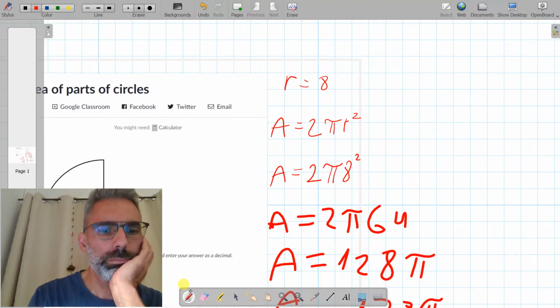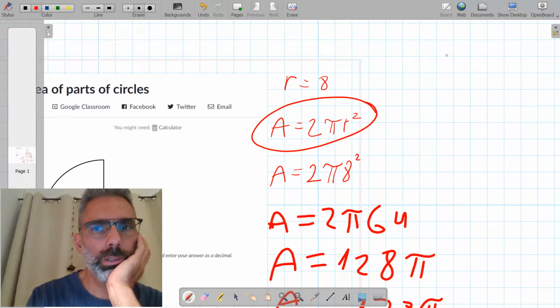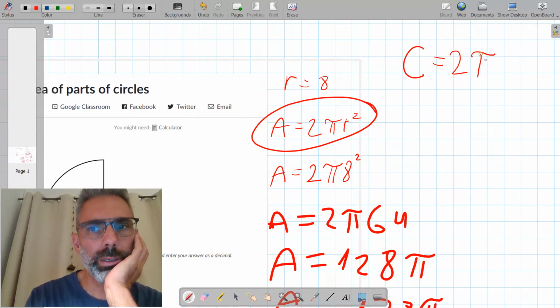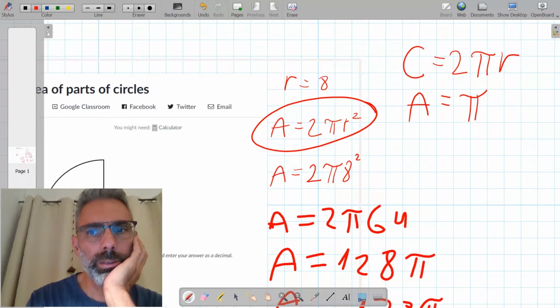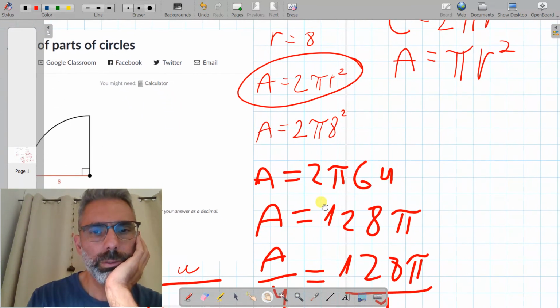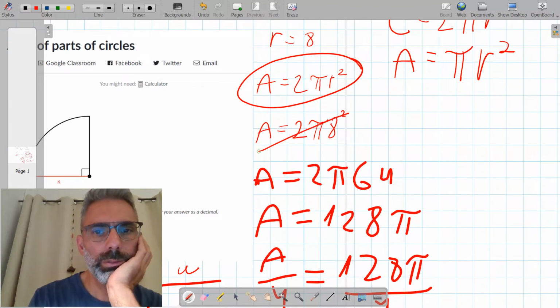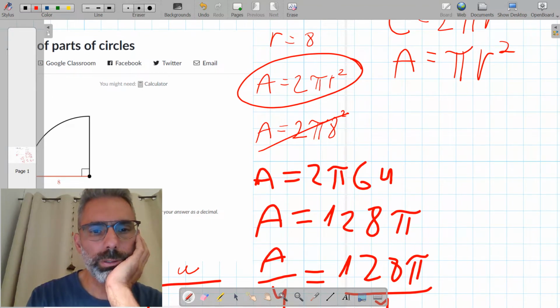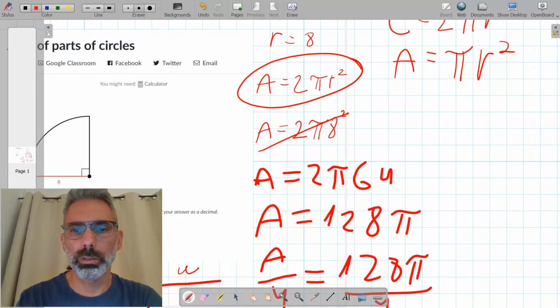Okay, so I mixed up the formula for circumference and area. So circumference is 2 pi r and area is pi r squared. Okay, so this is wrong and all the calculations beneath it are wrong.